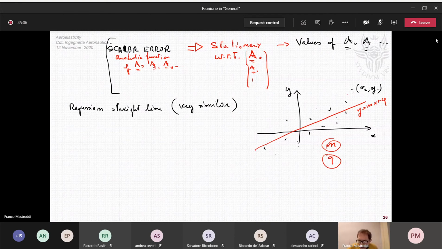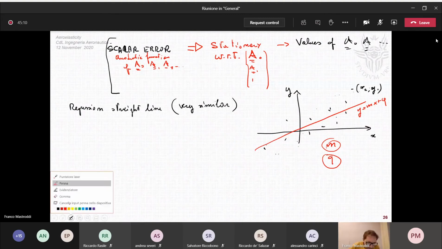So minimizing the distance, for each data point. You have this data point, for example, x3, y3, and you want to minimize the distance between the straight line and the point.